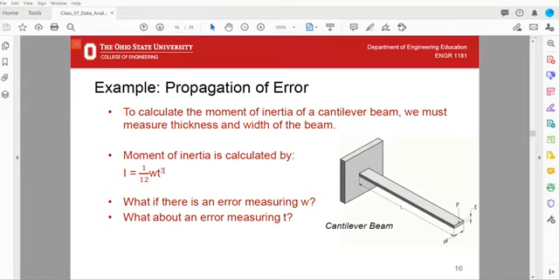So if you are using the same instrument to measure the width as the thickness, and you make the same amount or percentage of error in both, the impact of the error in the thickness will be much higher than the impact of making an error in measuring the width. Let's look at the calculations.